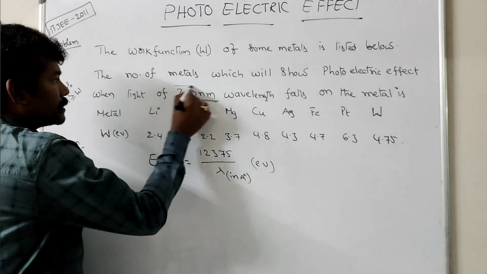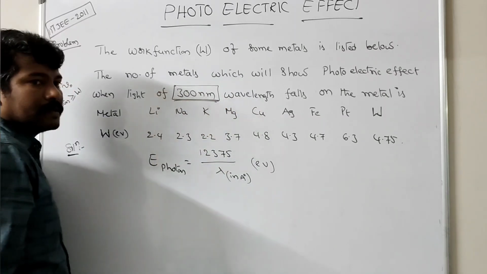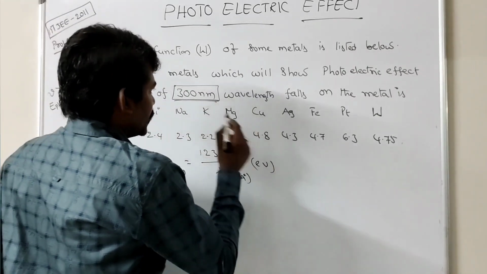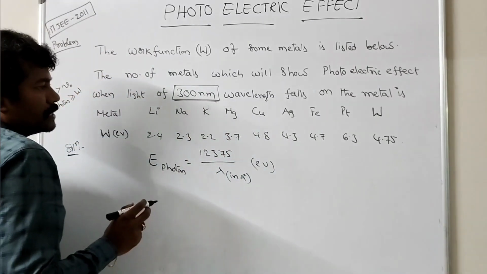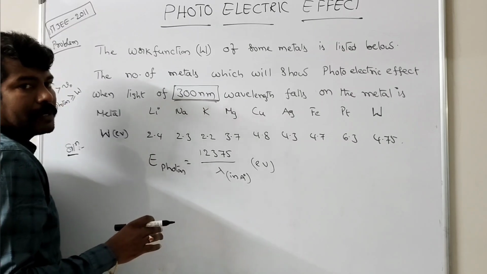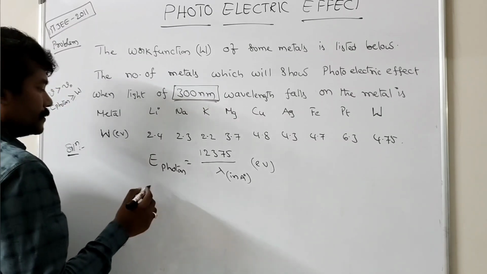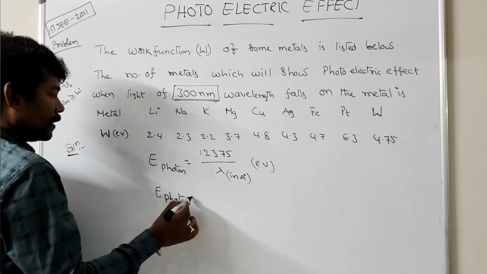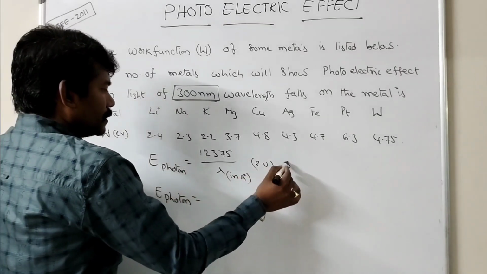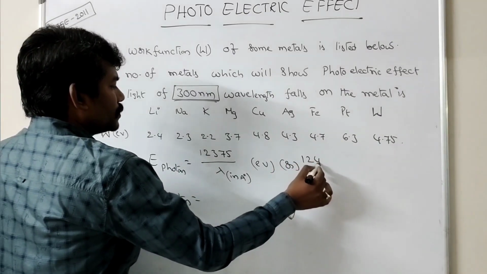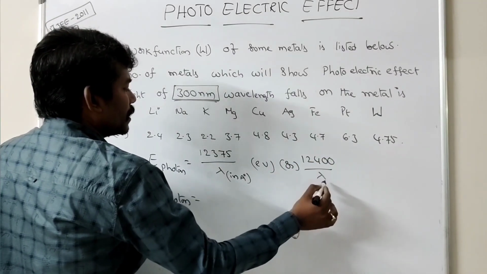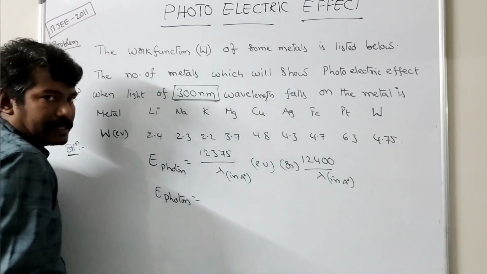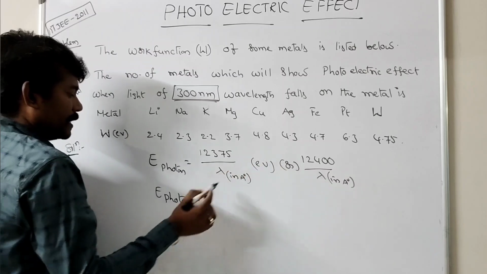Here lambda is given in nanometers, so you have to convert nanometers into angstrom units. 300 nanometers is equal to 3000 angstrom units, since 1 nanometer is equal to 10 angstrom units. So E photon can be written as 12400 divided by lambda in angstrom units, for simple calculation.